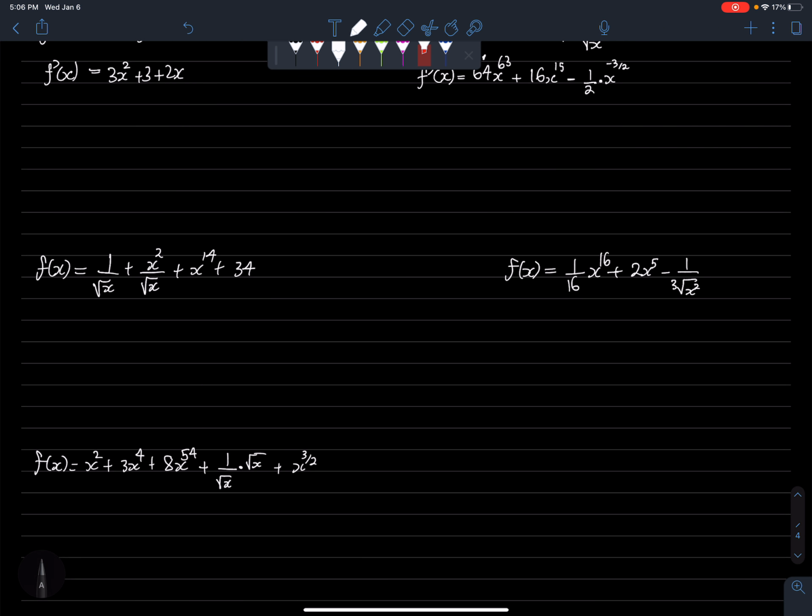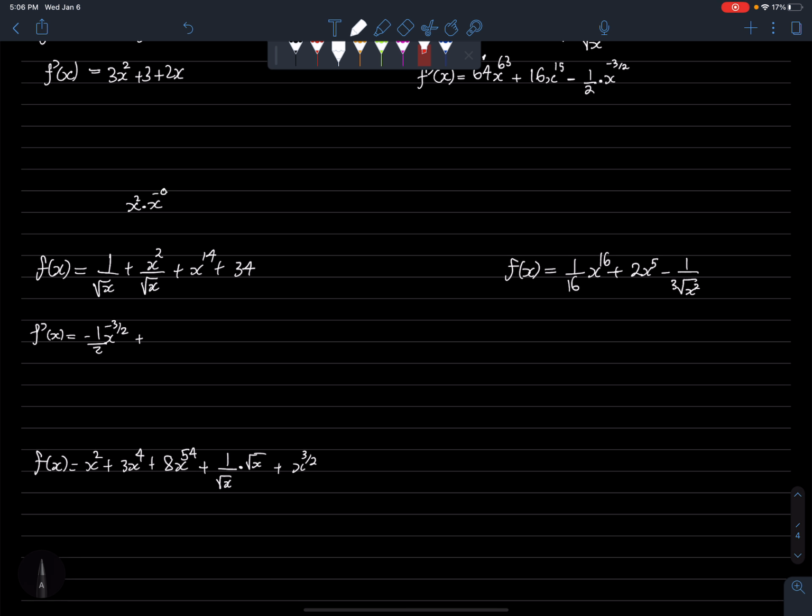So in this one, 1 over root x, we just did that to be negative 1 over 2 x to the negative 3 over 2.